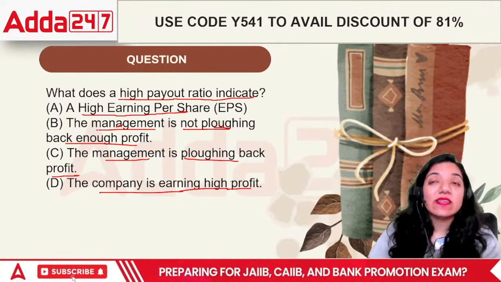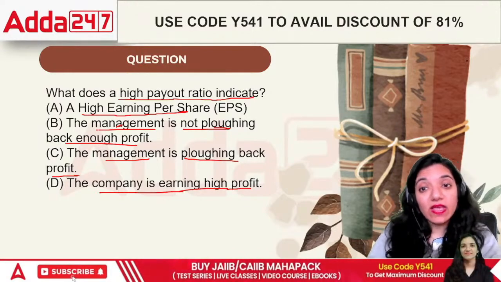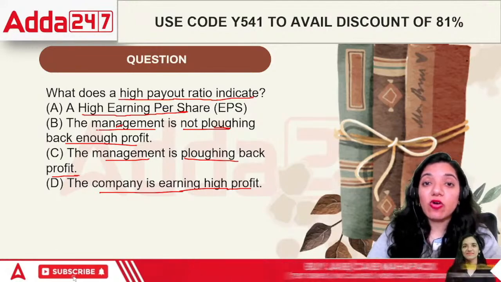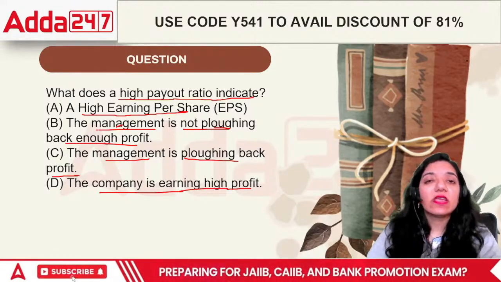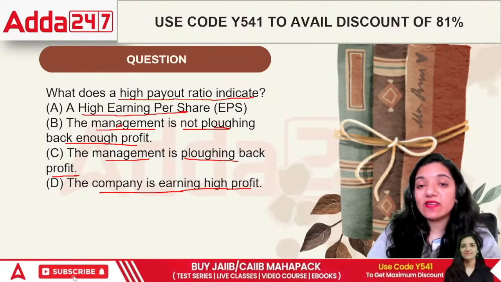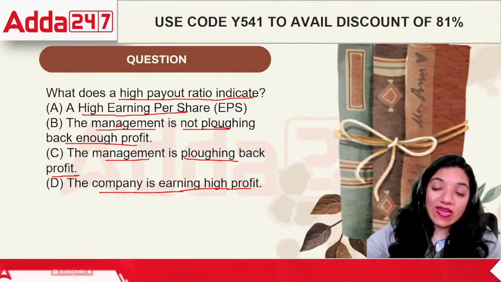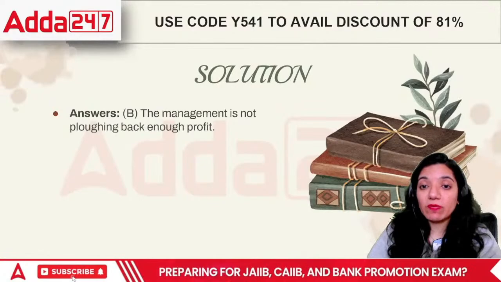They might be earning well, or they might be giving all the money to the people as dividend. So the correct answer would be that the management is not plowing back profits.